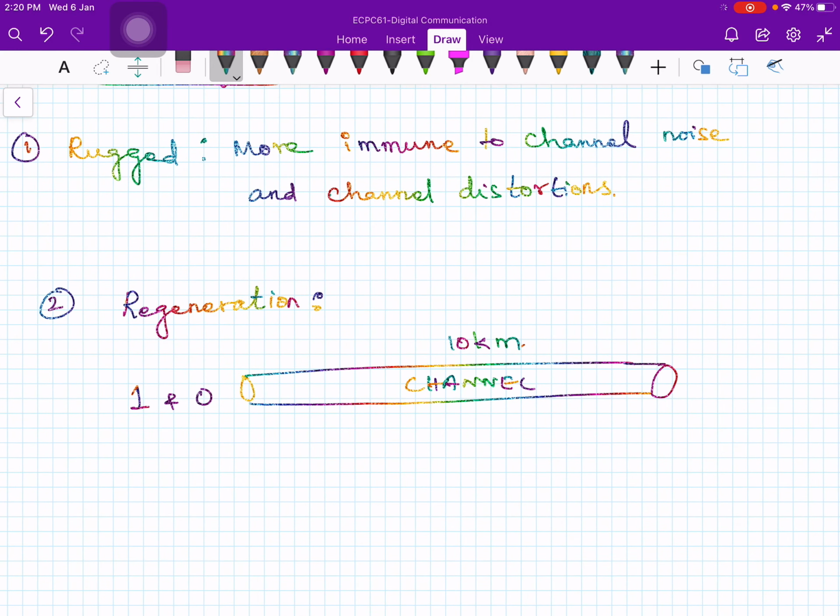When the discrete information propagates through the channel, the signal is distorted by some kind of impairments. It undergoes distortion due to the various non-ideal effects present in the channel. So this is my transmitter part and this is the receiver part.